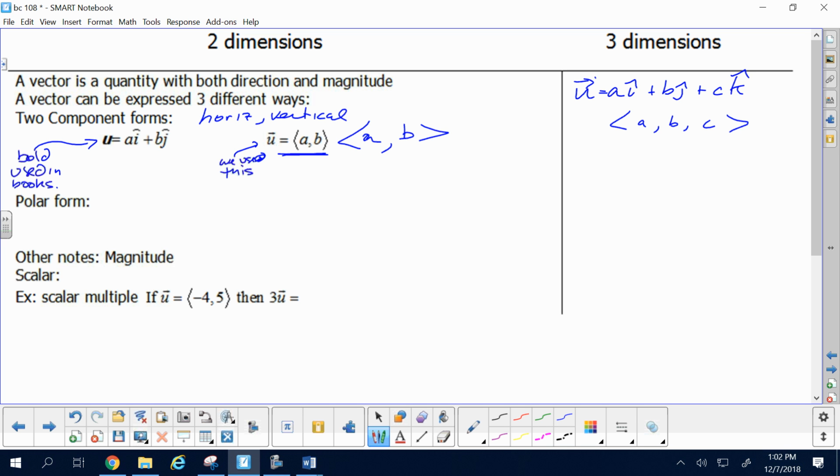Polar form is typically done in this little angly kind of form. r is the magnitude. Think of it as the length of the vector. I'll call it maybe vector u. The notation for magnitude: how do you show, hey, find me the magnitude?